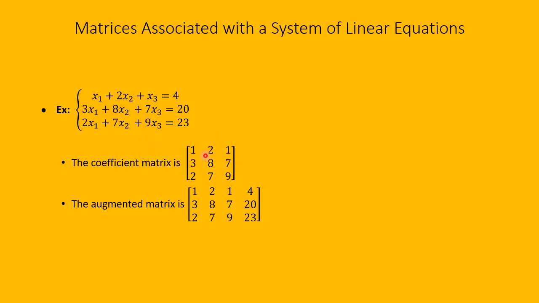So we have this 3 by 3 matrix. A matrix that has the same number of rows as columns is often called a square matrix. This is an example of a square matrix. Now, for the same system of equations, let's look at the augmented matrix. Well, it's easy to write down.